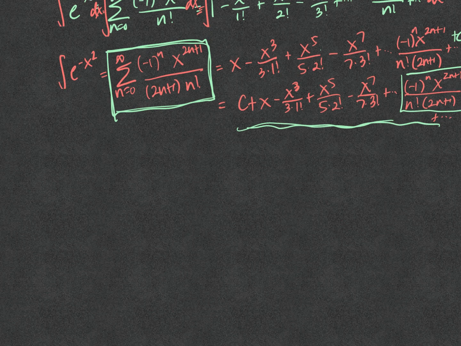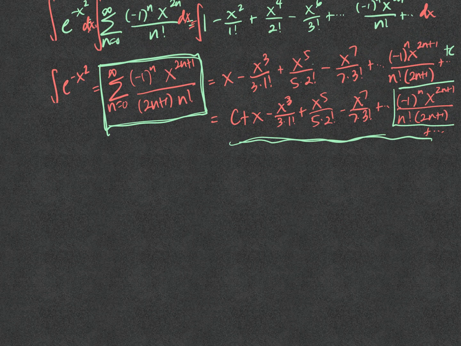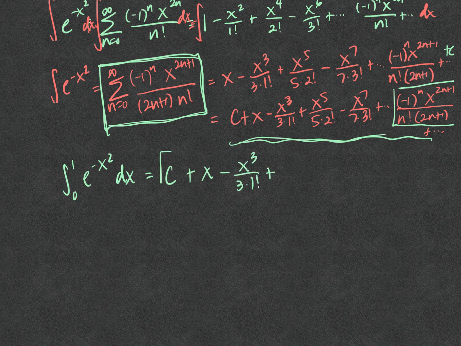I'm going to slide all this up because part B said to integrate from 0 to 1 e to the negative x squared with respect to x. So we already know that that's C plus x minus x to the third over 3 times 1 factorial plus, I'm going to put a big bracket here, plus x to the fifth over 5 times 2 factorial minus x to the seventh over 7 times 3 factorial.